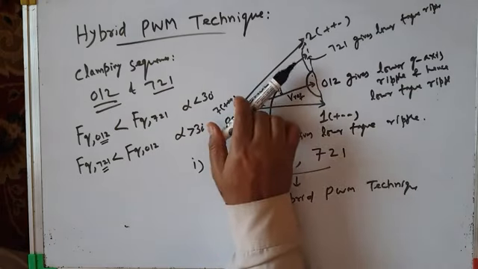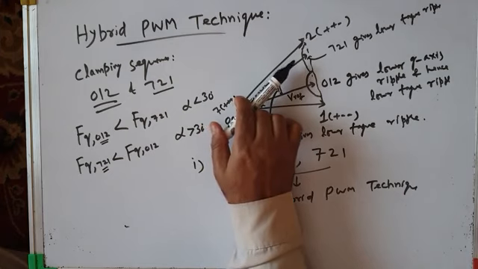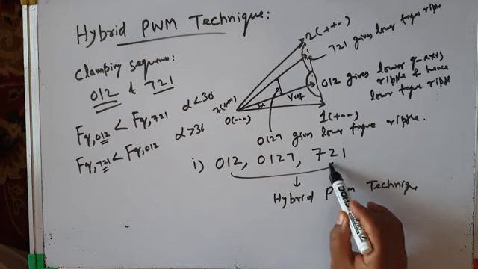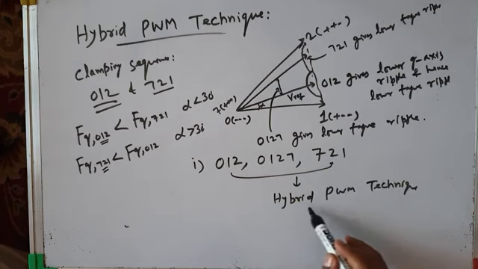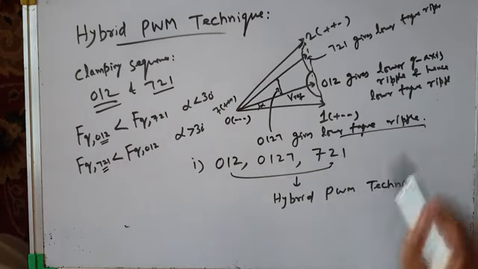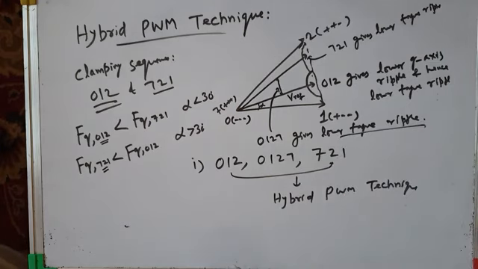And when your reference vector is going through high values of alpha, it uses the bus clamping PWM technique with clamping sequence 721. This is in order to give lower torque ripple. The aim is to produce lower torque ripple in the induction motor drive. So this is the concept of hybrid PWM technique.